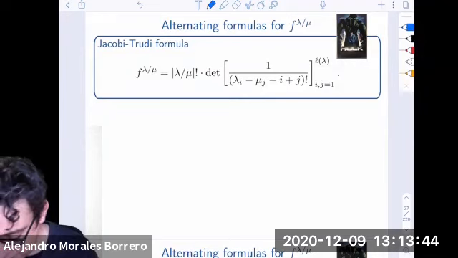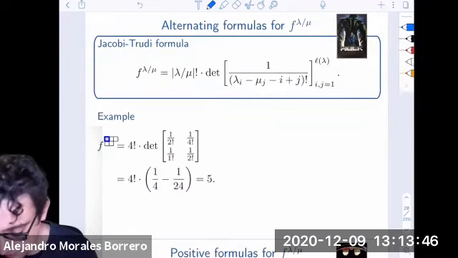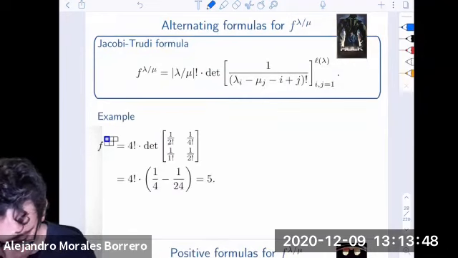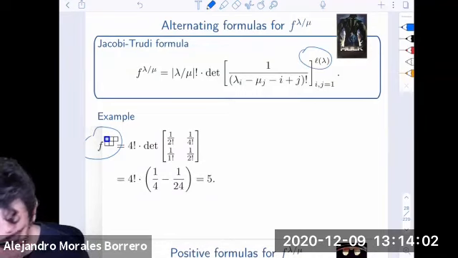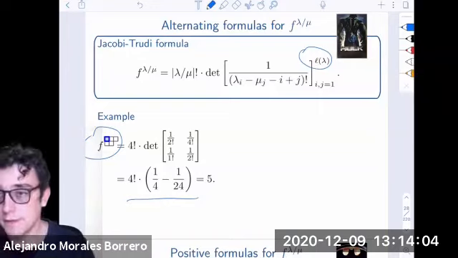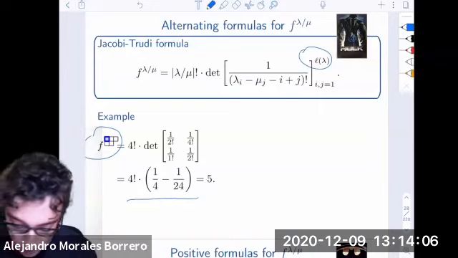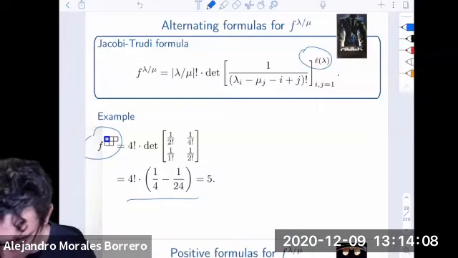Even though there's no product formula, you can still compute them quite fast. Here is an example for this zigzag of 4 boxes. It's not so important how to remember the formula, but you get a 2x2 determinant, and you get 5. You could get 61 as a 3x3 determinant, for example.